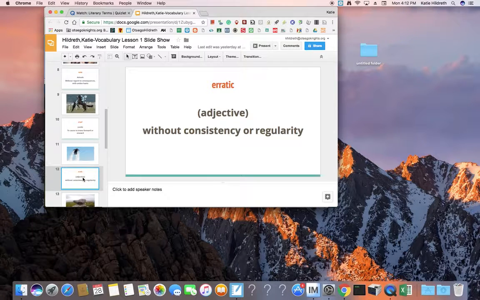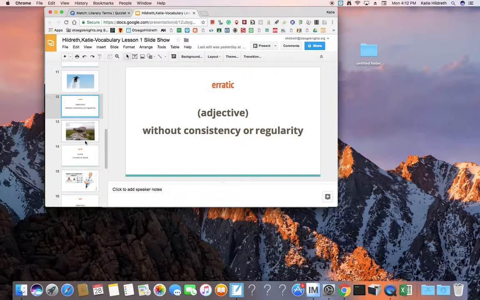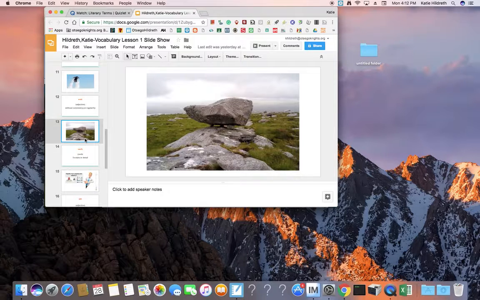Consistency means that you do things in a similar way, at a similar time, but if it's erratic, then you do it all over the place. Like you don't keep track of time, or you don't do it the exact same way every time. The picture that I put on was of this rock. When you think about rocks, they don't always look the same. They don't have the same shape or size.